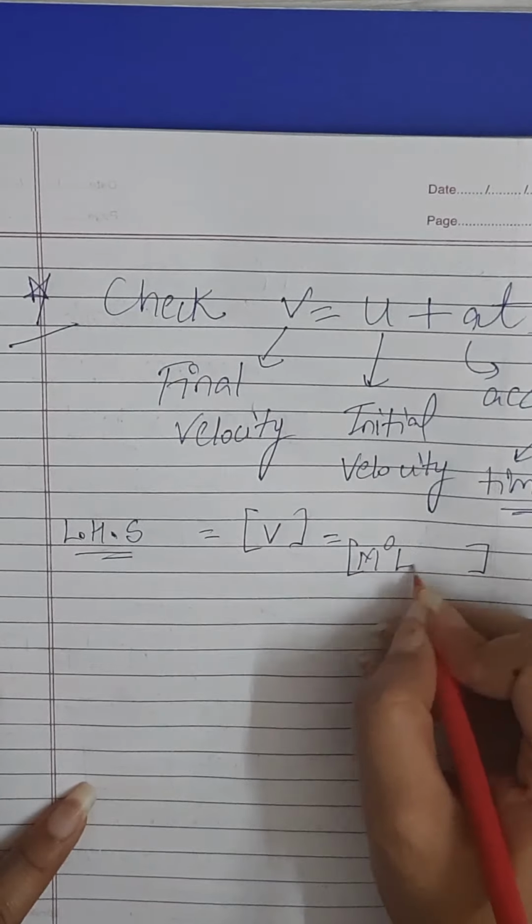So for meter it is L1, for per second square it is T minus 2, into T, time, for time M0 L0 T1. So in multiplication, when the base is the same, the powers are added. So it becomes M0 L1 T minus 2 plus 1 is minus 1.